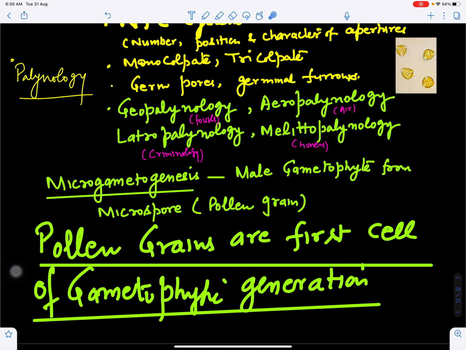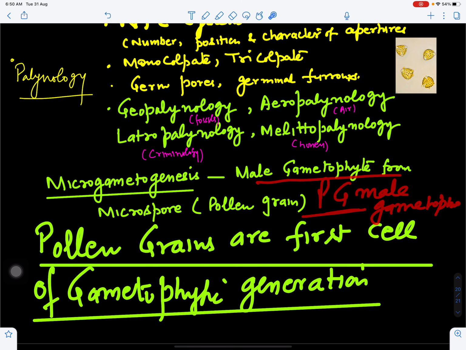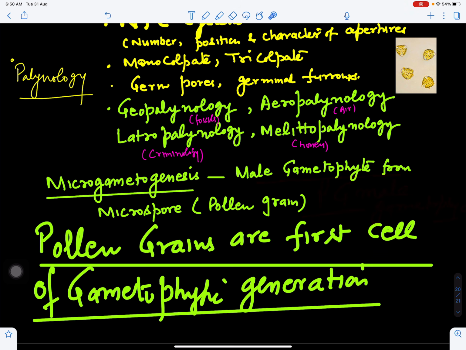Now these pollen grains are the first cell of the gametophytic generation. So they help in the formation of the male gametophyte. That's why anthers are called as the male reproductive organ of the plant. And this formation of the male gametophyte from the microspore or pollen grain, which we will study in the next video, is also called as microgametogenesis.